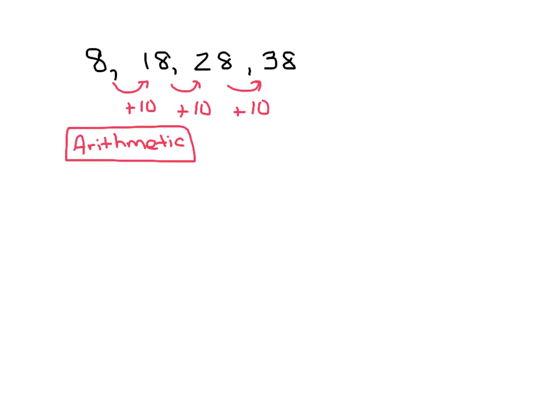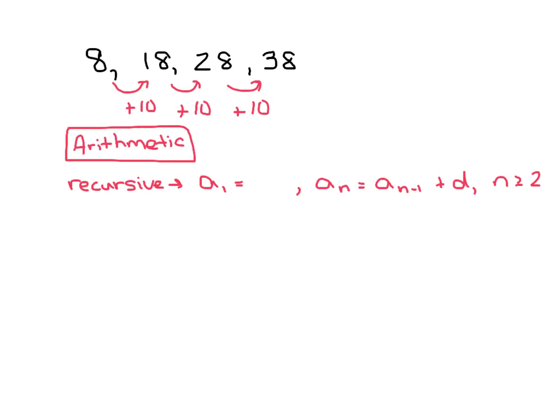And to write an arithmetic recursive formula, we are going to use the first term idea, and then for any term, we can look at the previous term, an minus 1, and add our common difference as long as n is greater than or equal to 2.